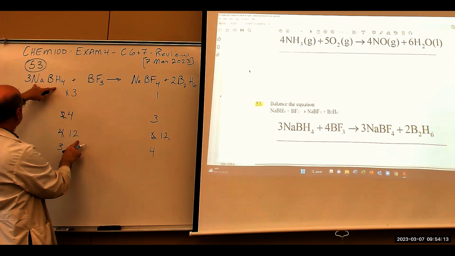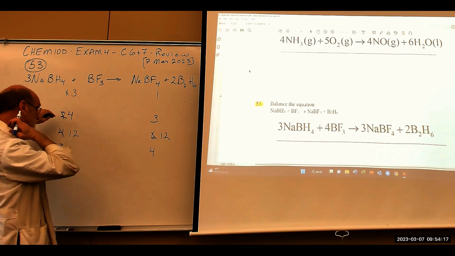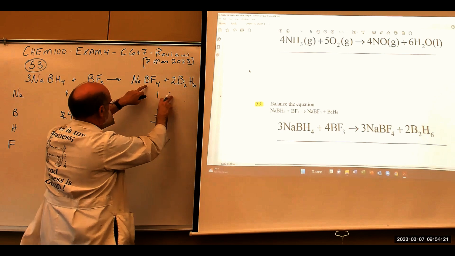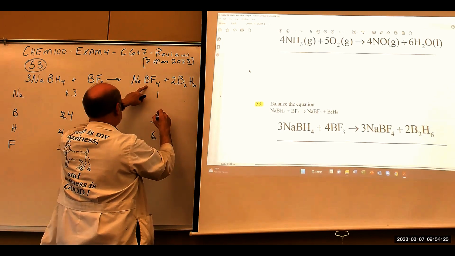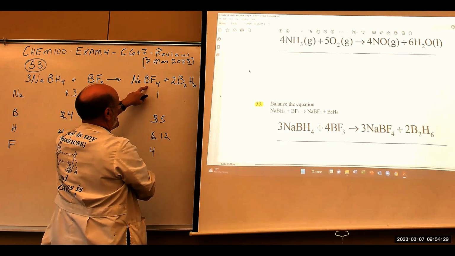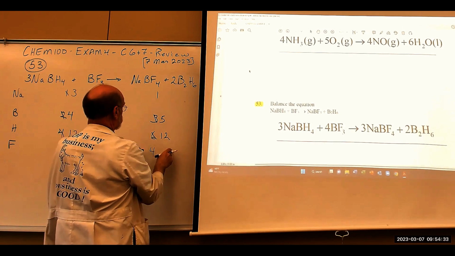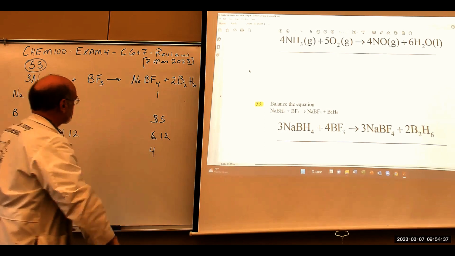We did hydrogens, 12 hydrogens, sodium, boron, chlorine. Okay, that's good. Now let's fix this one. We still got 1 sodium. We've got 4 plus 1 is 5 borons, right? And we've got 12 hydrogens and fluorines. We still got 4 fluorines.